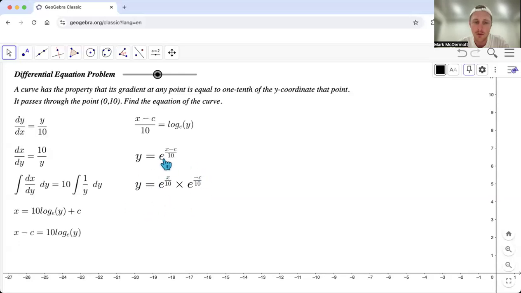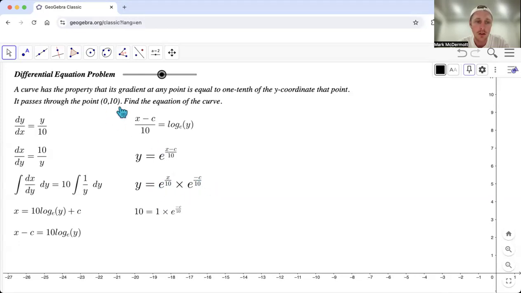Hopefully you know one of your properties of powers is that you can break this up. So this can become e to the x on 10 multiplied by e to the negative c on 10. What you get is an application there of your power rule, because the powers get added together, don't they?